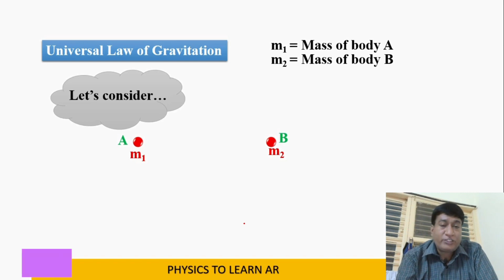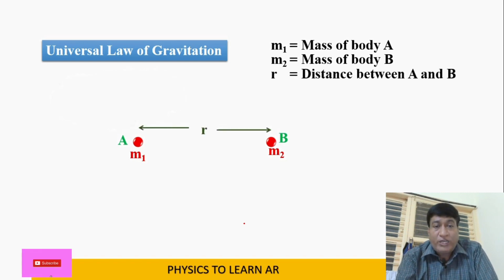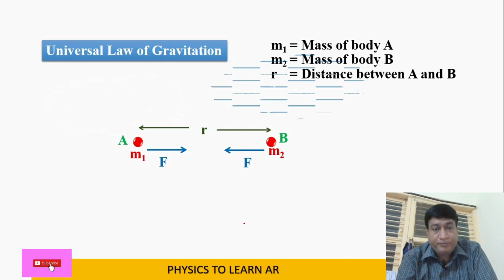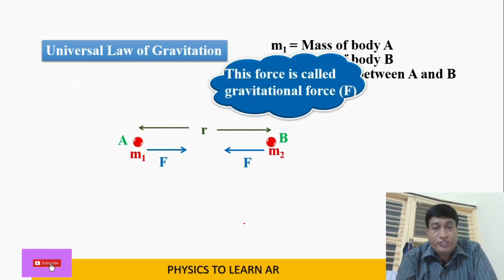That force of attraction is nothing but gravitational force. These two are separated by a distance r. There exists a force of attraction between both the bodies A and B, and this force is called gravitational force.